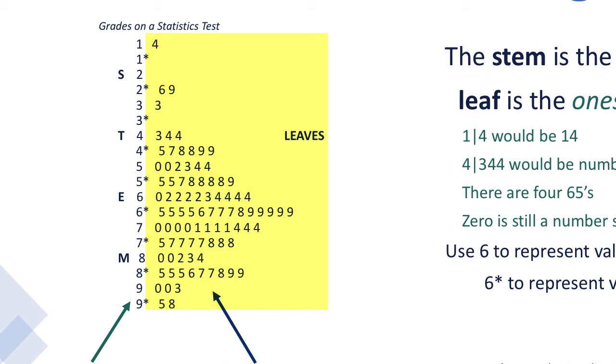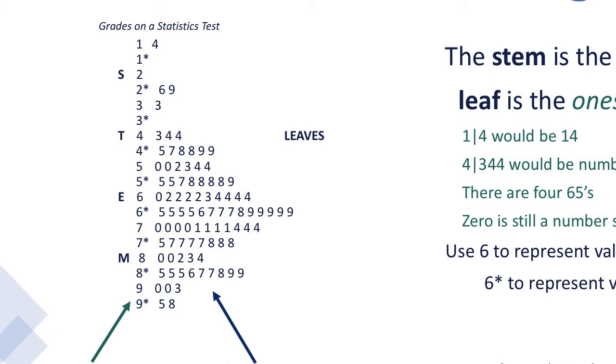So for instance, the lowest score here is a 1 in the tens place and a 4 in the ones place. That's a 14. I didn't have any scores until I got to 26, and the next score is a 29. Next is a 33.